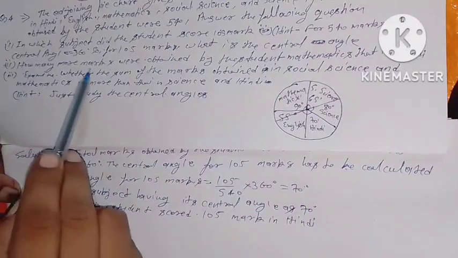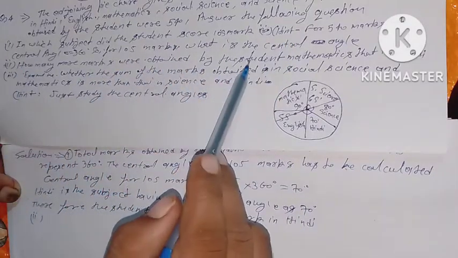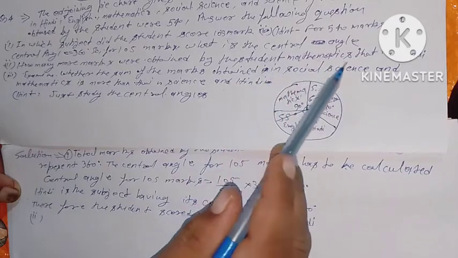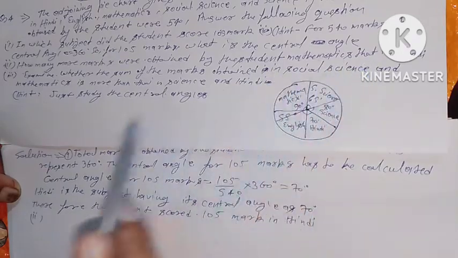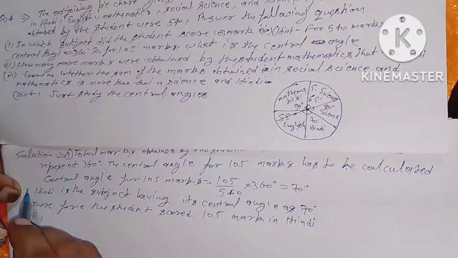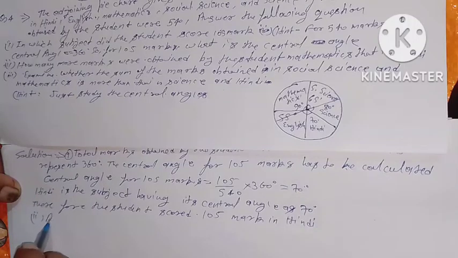Second question. How many more marks were obtained by the student in mathematics than in Hindi? Okay. Difference between the central angle of mathematics and Hindi.